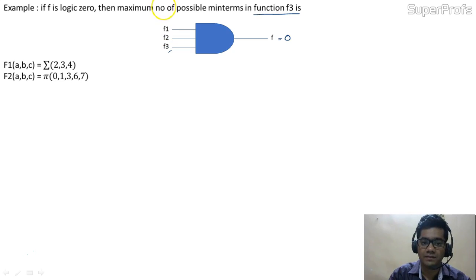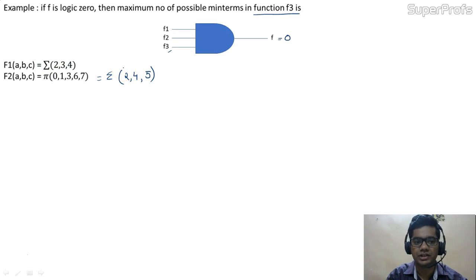So we have been given f1 as sigma 2 3 4, minterms 2 3 4, and for f2 we have been given the maxterms, that is 0 1 3 5 7. As we have to calculate the possible minterms, we are converting into minterms, which would be sigma 0 1 2 4 5. So these are the possible minterms for the function f2.